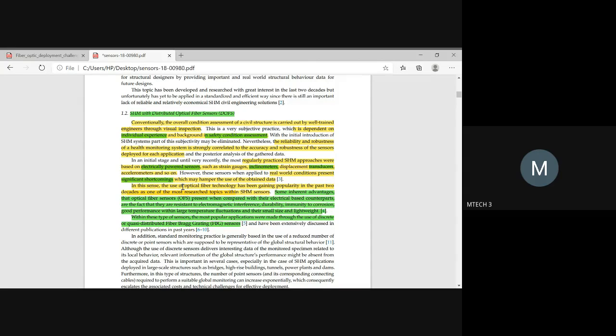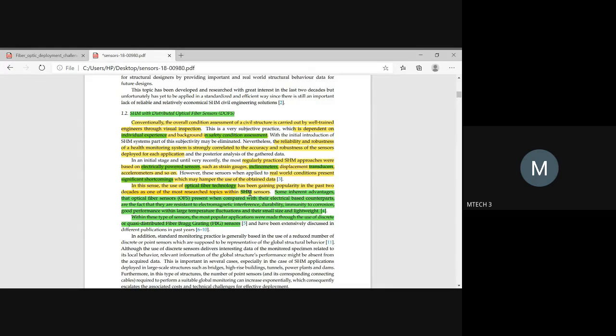So in that sense, this optical fiber technology came into the picture, wherein we can use optical fiber sensors for the same measurement of the conditions of the structure, right? In these aspects, these sensors were developed to check structural health monitoring.